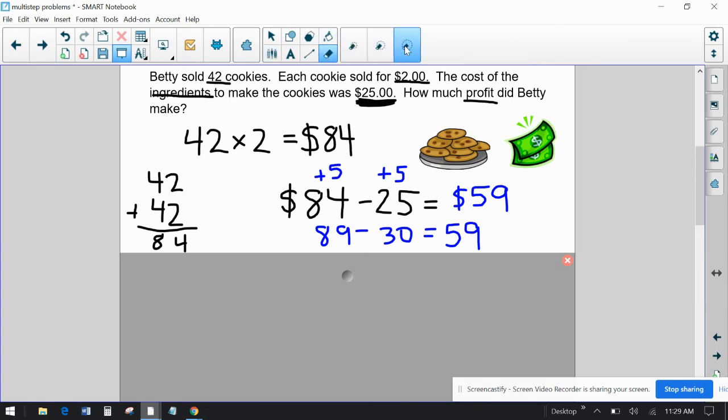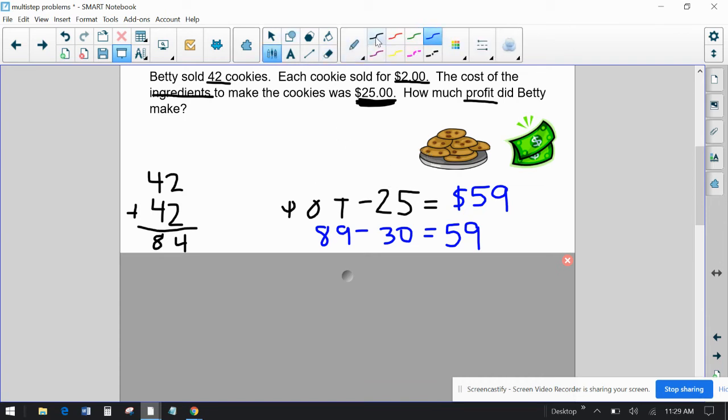Well, now we're going to make this into an equation. So the first step was we had to find out how much money she made. How much money did she collect, I should say, when she sold the cookies? So it was 42 cookies doubled, right? Times $2.